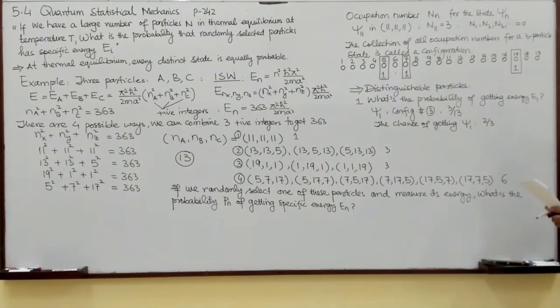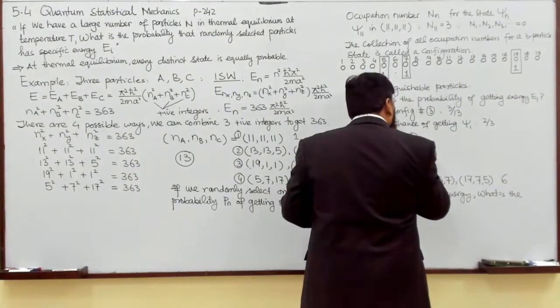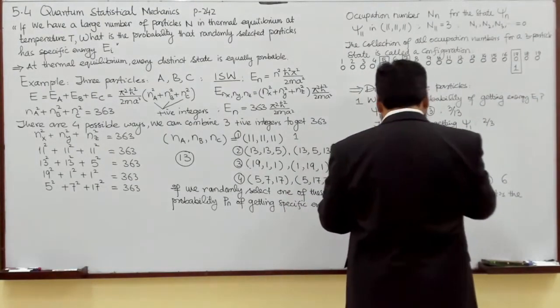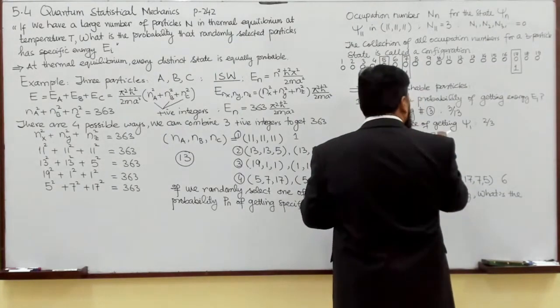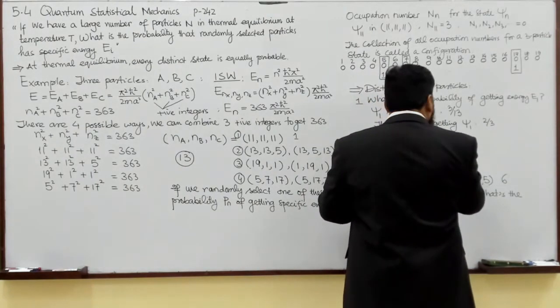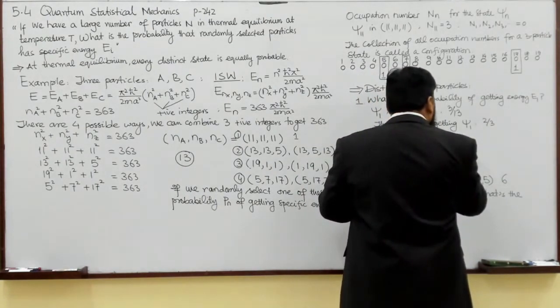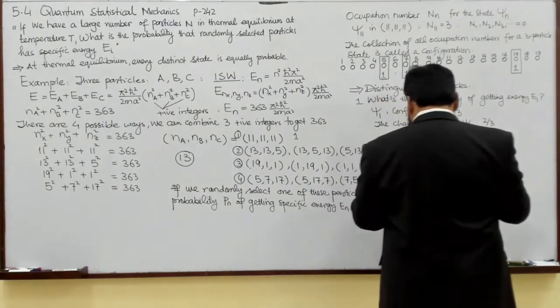So the probability of getting E1 as a result of randomly measuring the energy of one of these particles will be P1, which is equal to the chance of getting configuration 3, 3 over 13, multiplied by the chance of getting psi 1, 2 over 3.